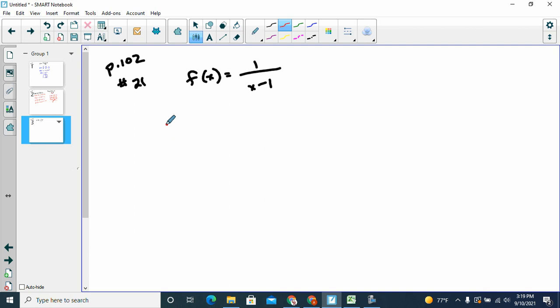So the limit definition of derivative says that the limit as h goes to 0 of f of x plus h minus f of x all over h is defined as the same thing as f prime of x.